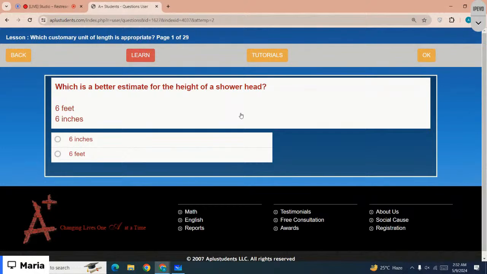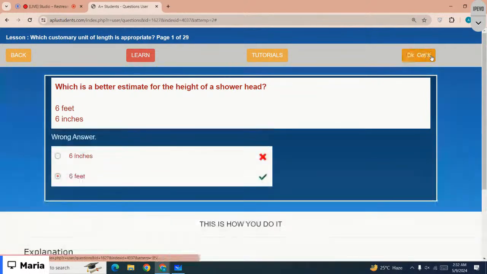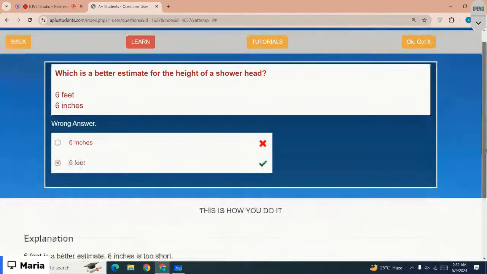The correct option is 6 inches, right? Because 6 feet is too long for the shower head.